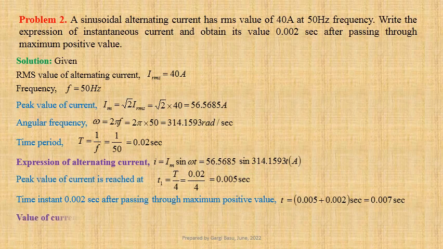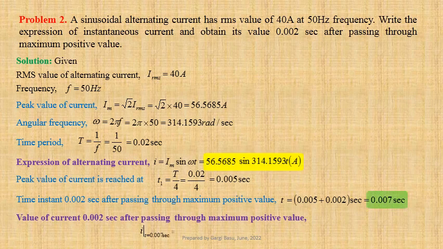Value of current 0.002 second after passing through maximum positive value, I at t equals 0.007 second, equals 56.5685 into sine of 314.1593 into 0.007, that gives us 45.802 ampere.